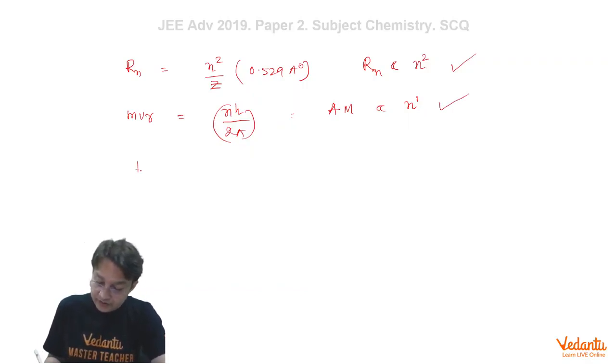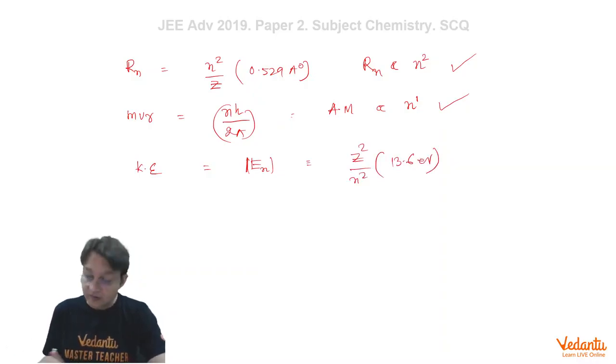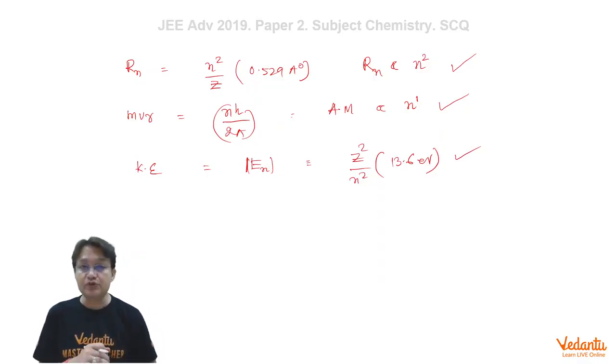Thirdly, the kinetic energy. In the Bohr's model, if you have gone through it thoroughly, kinetic energy is equal to the magnitude of the energy En. And we know that the expression of En contains Z square upon n square multiplied by 13.6 electron volt. So kinetic energy is inversely proportional to n square.